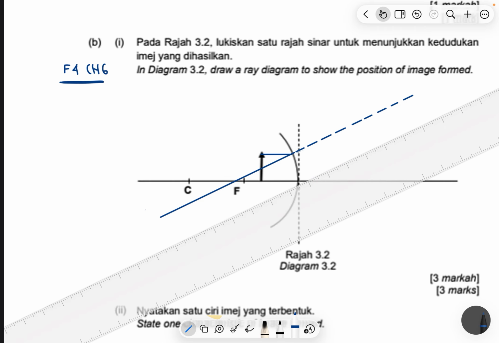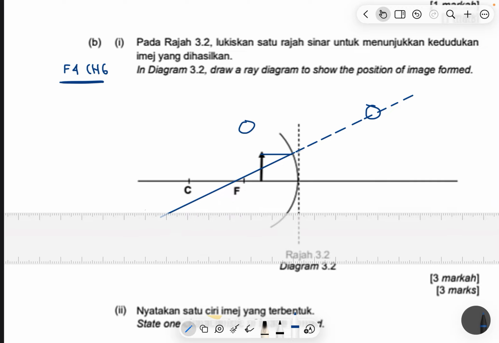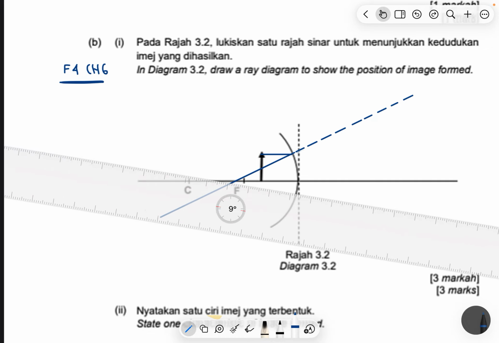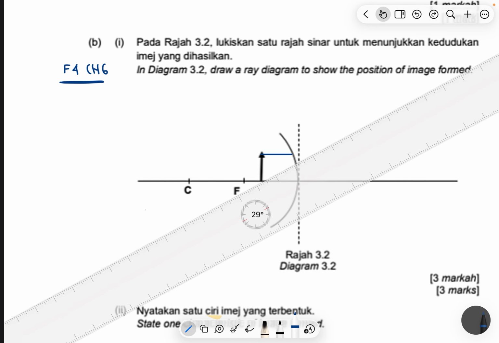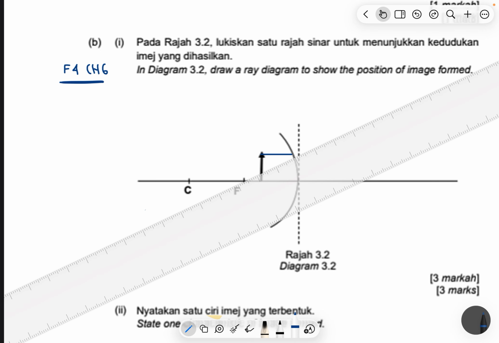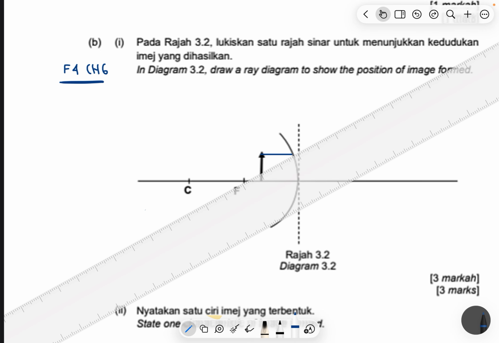Make sure to draw it as long as you can, because sometimes the image formed can be like over here, yeah, like depends. Okay, now after it passes through the focal line, make sure when you draw everything is accurate, okay?